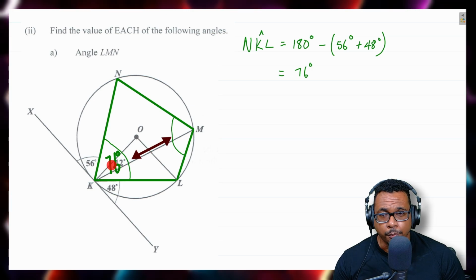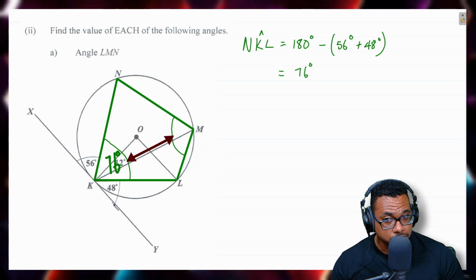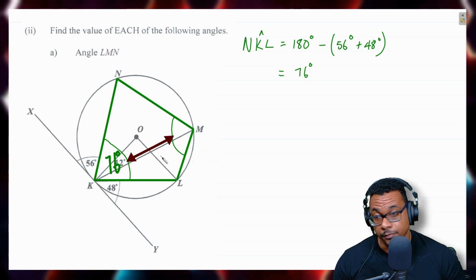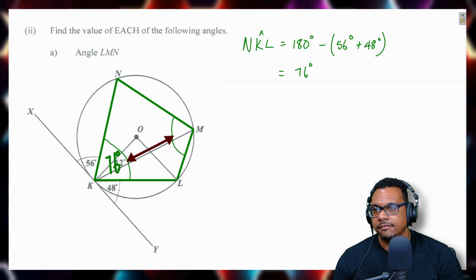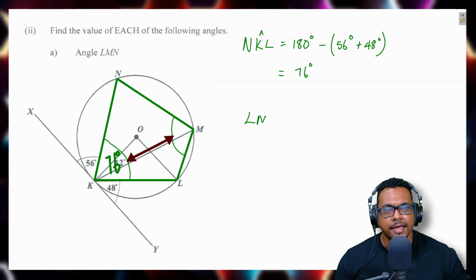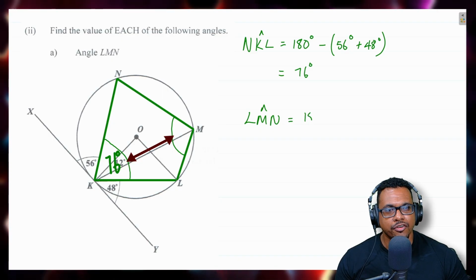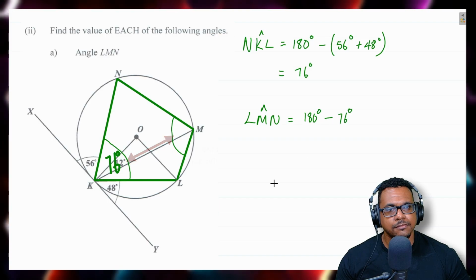And as I said, the opposite angles of a cyclic quadrilateral are supplementary, meaning they must add up to 180 degrees. So angle LMN will be equal to 180 degrees, take away 76.